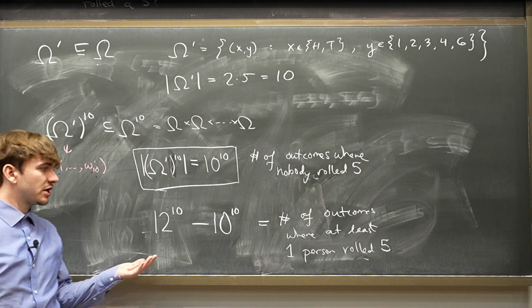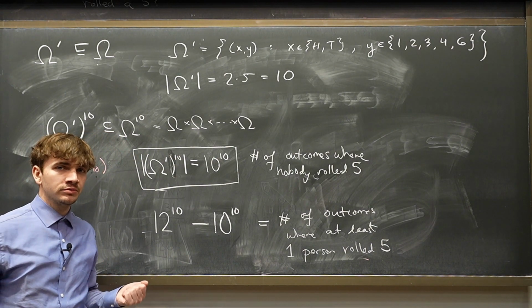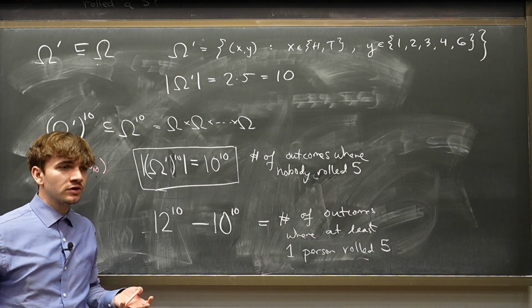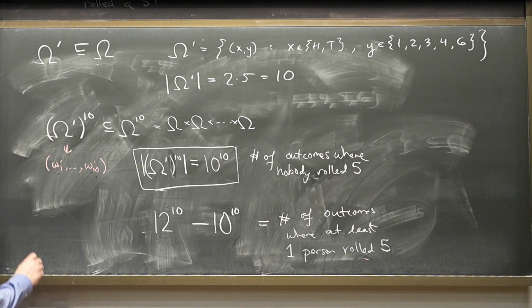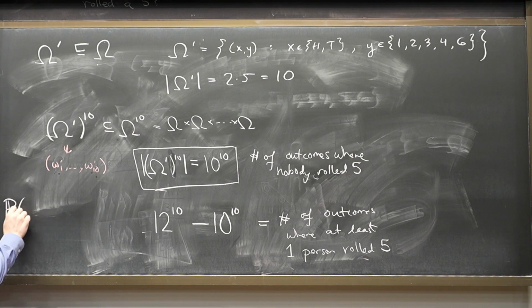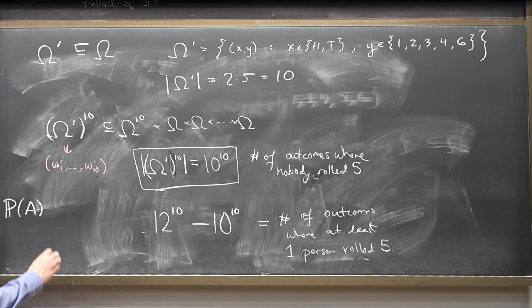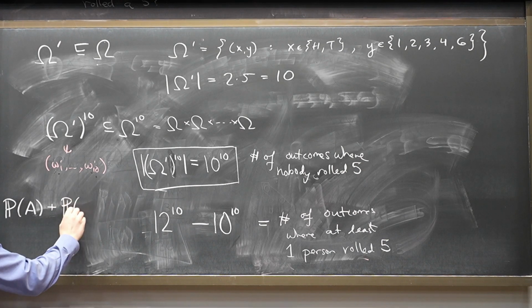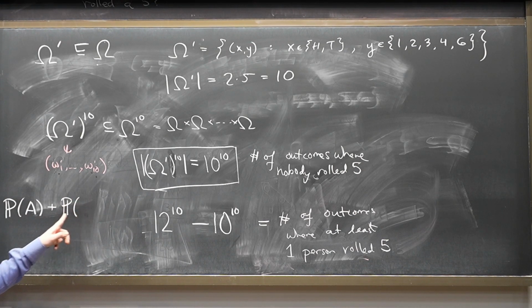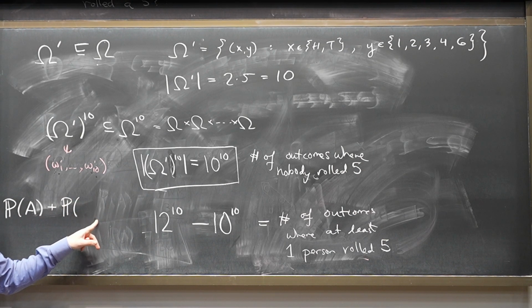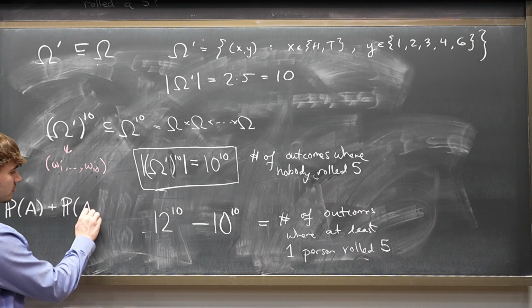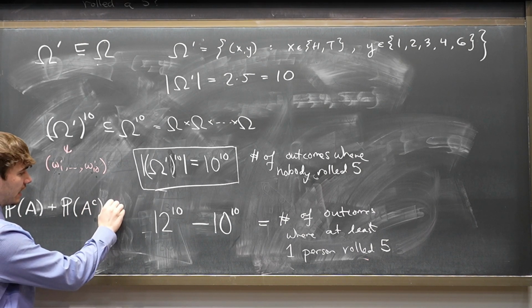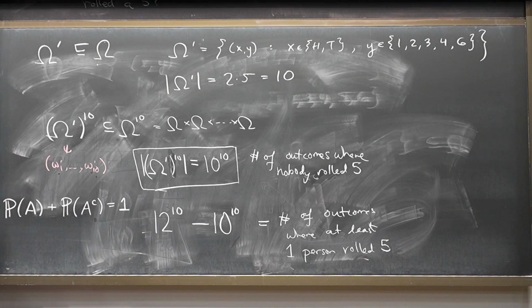All right, and this is just a more general fact in probability theory that if I look at the probability of some event happening, let's say the probability of A, so if A is any event, then if I add the probability that A happens and the probability that A doesn't happen, so the complement of A, then I get 1, okay?